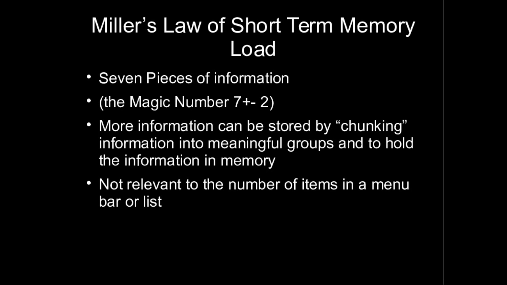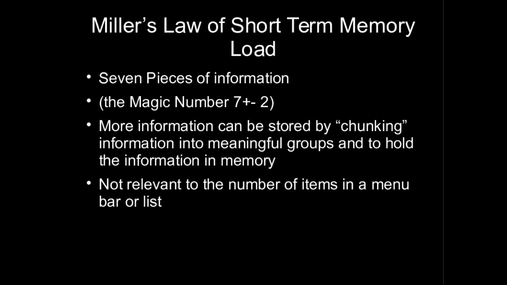If you want the user to remember more than 7, then what we need to do is chunking the information, grouping the information into meaningful groups so that the users can easily remember.